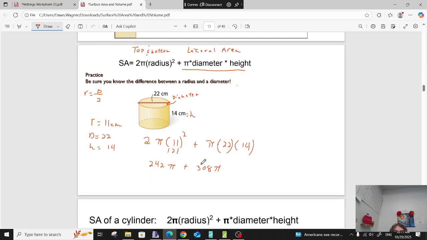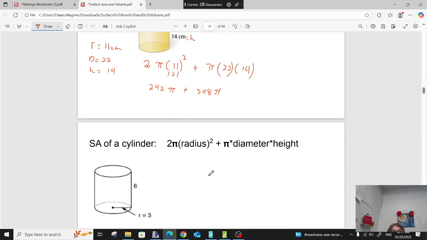Sorry. Does that help you, Lucy? Okay. And now I'm going to add those together. What's 242 plus 308? No, that can't be right. Oh, 550. That's right. Pi. And that would be centimeters squared.